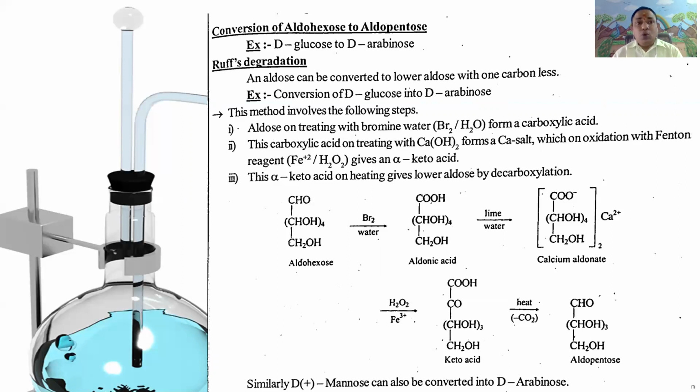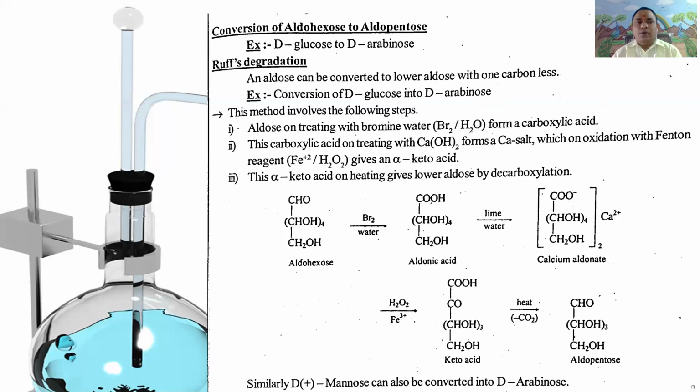This calcium gluconate upon treatment with Fenton's reagent, the mixture of ferrous sulfate and hydrogen peroxide, FeSO4 H2O2, gives the alpha keto carboxylic acid.